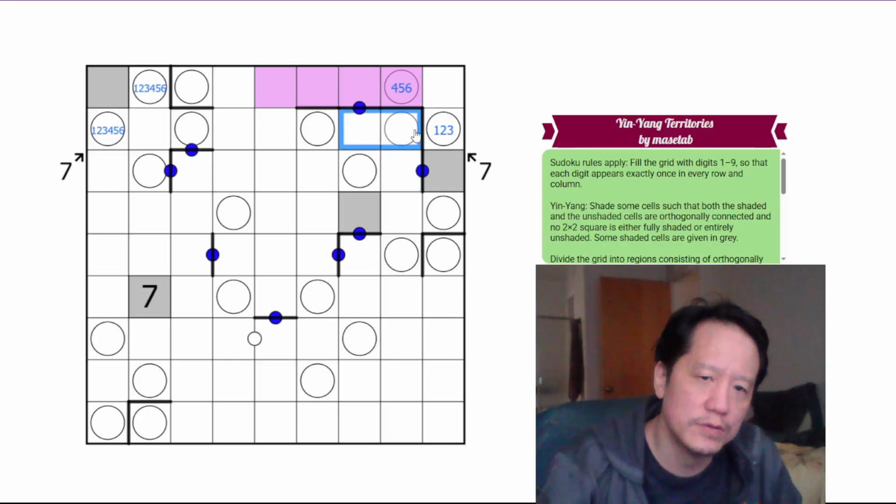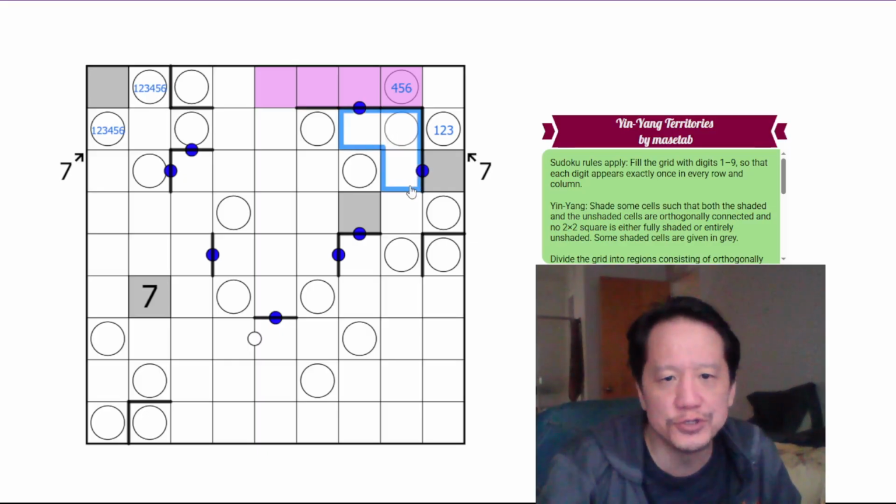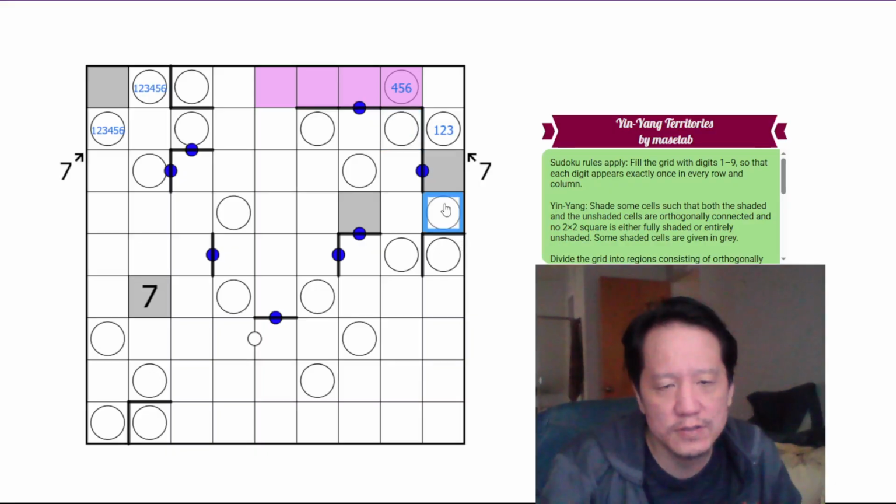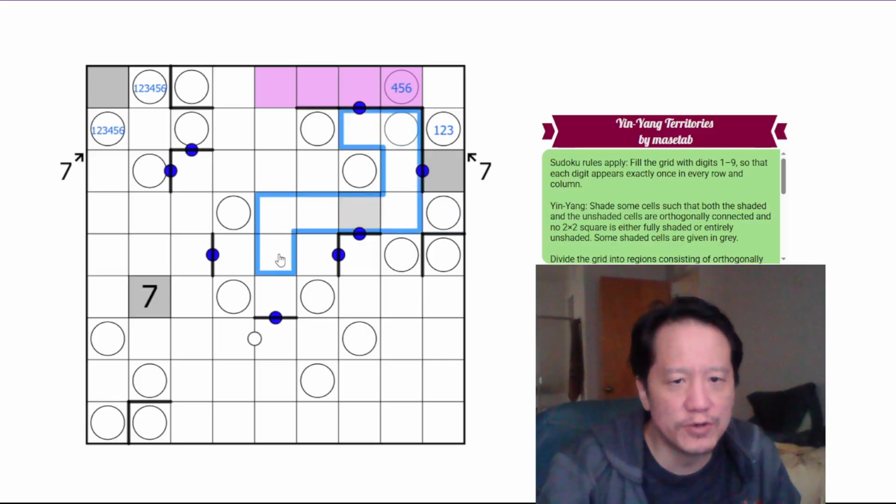Interesting. This is limited as a region too. Well, not necessarily. Huh. One of these is limited as a region, right? But the other one is not, because it can go far, right?